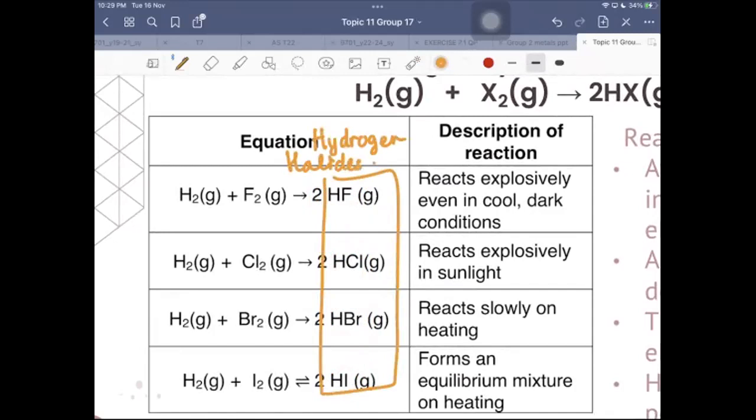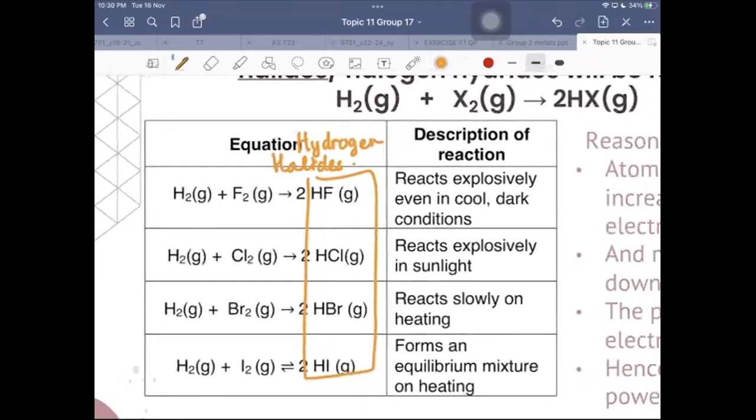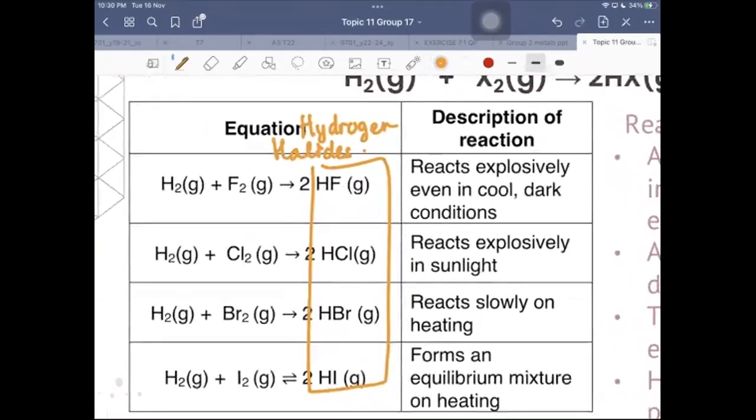So last time I think I got this confused. Okay, so the observation is you can see that the top member of group 17, which is the most reactive and the strongest oxidizing agent, reacts explosively even in cool, dark conditions. No energy in the form of heat, no energy in the form of light, and they react explosively.